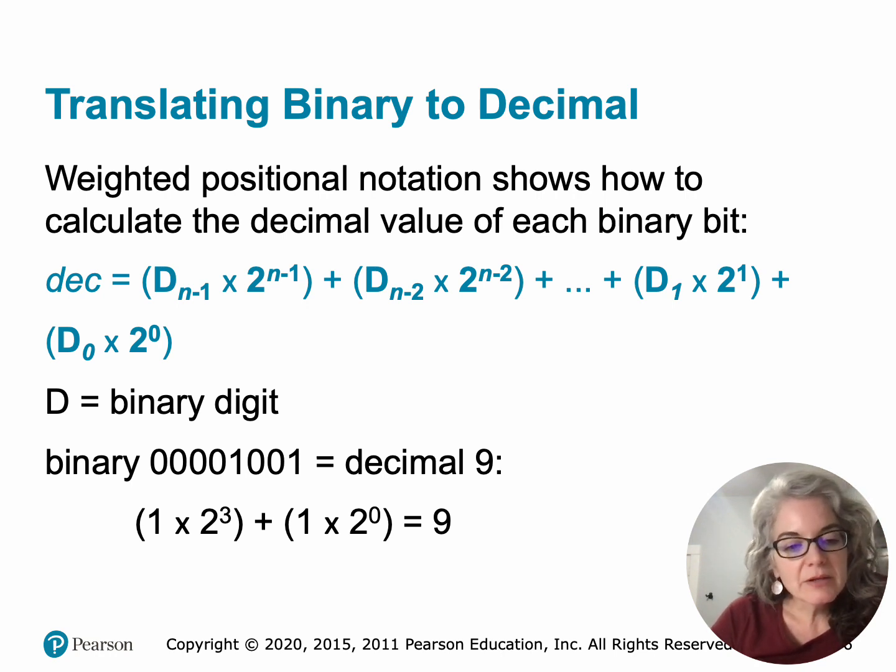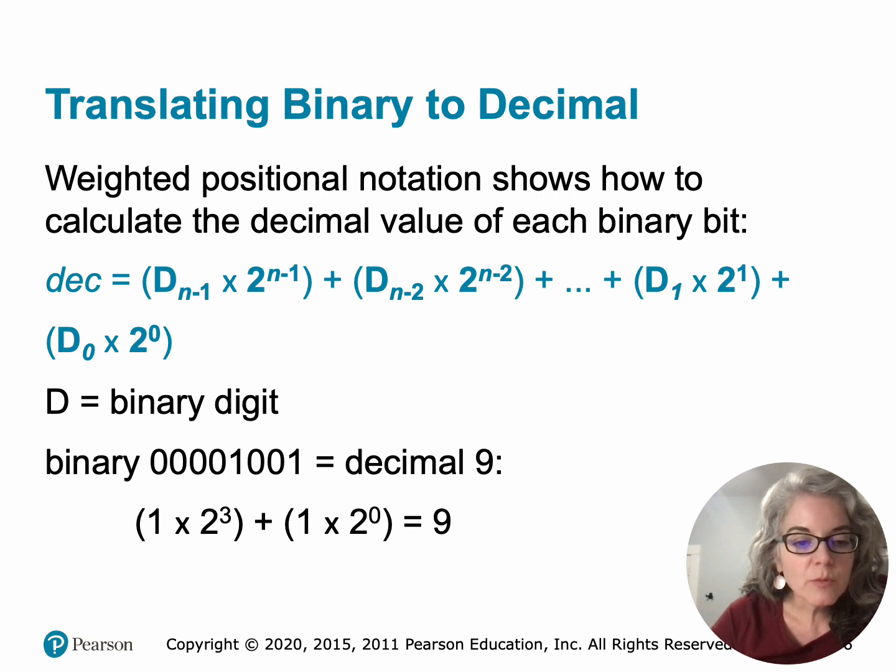The way we calculate it is the binary digit times 2 to the power of the position of that digit. 0 times whatever is going to be 0, so there's no need to calculate that. We're just going to calculate the ones that have ones. This position is 2 to the power of 0, because this is position 0. 2 to the power of 0 is 1, and 1 times 1 is just 1.